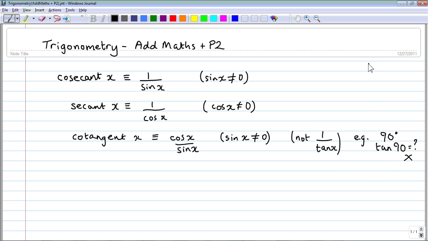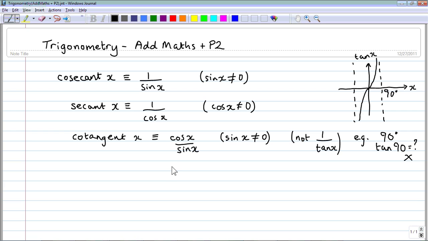Now just for reference, let me very roughly sketch tangent x. There it is. I do emphasize a lot of my graphs will be a bit rough because it's difficult to draw on this. Okay, so if this is tangent x, you see it has no value when x is 90 degrees, and it has no value because cosine x is 0 at that point.